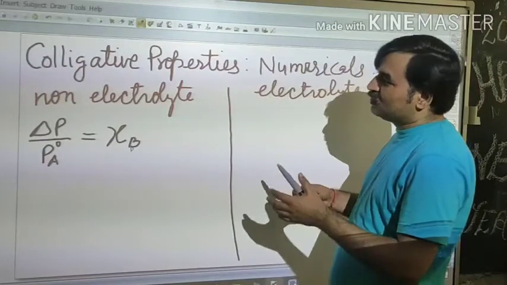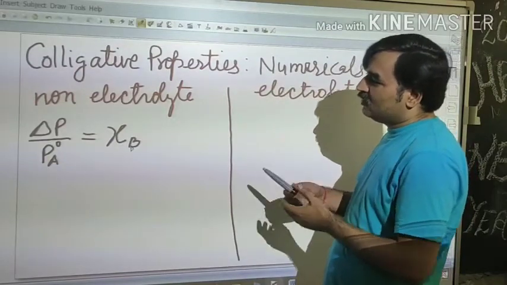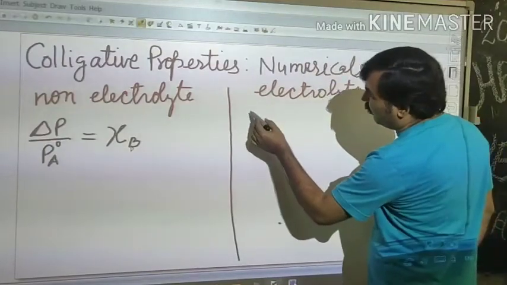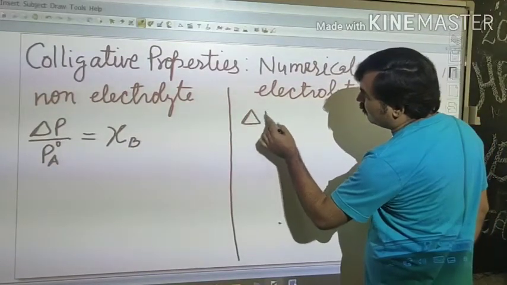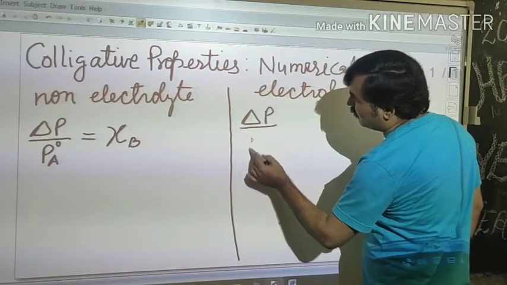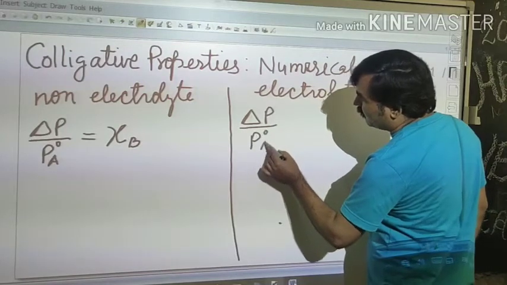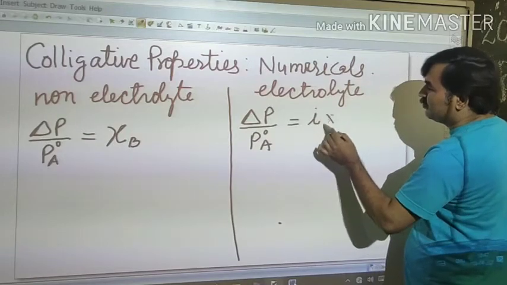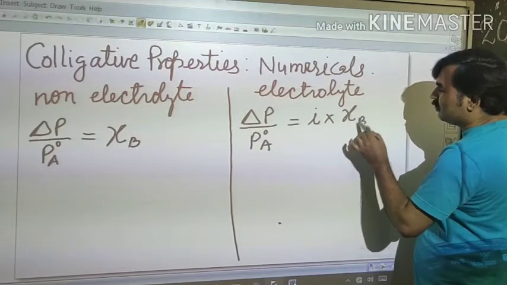But this is valid only if the solute is a non-electrolyte. If the solute is an electrolyte, then we have to modify this by adding the van 't Hoff factor i. It will be equal to i into the mole fraction of solute.